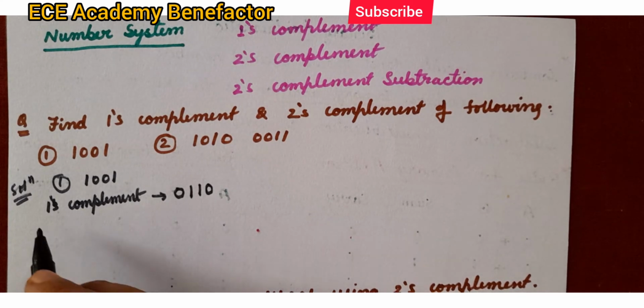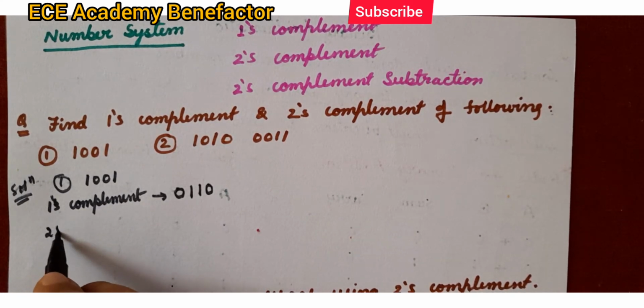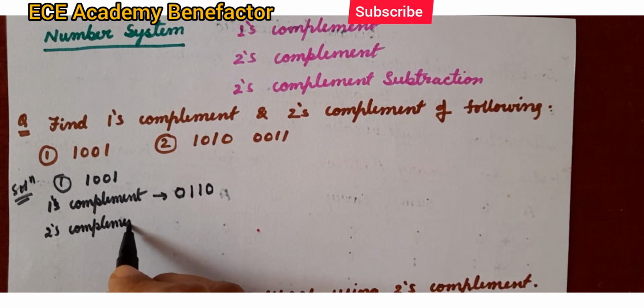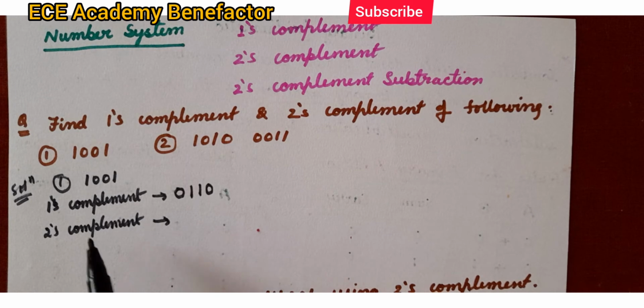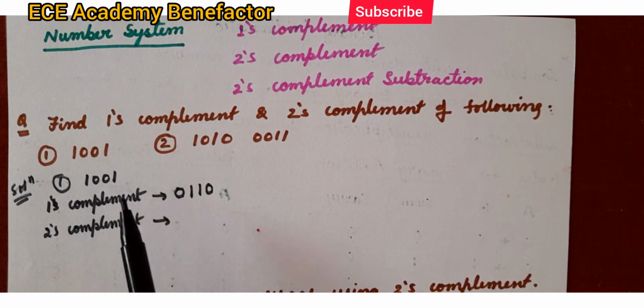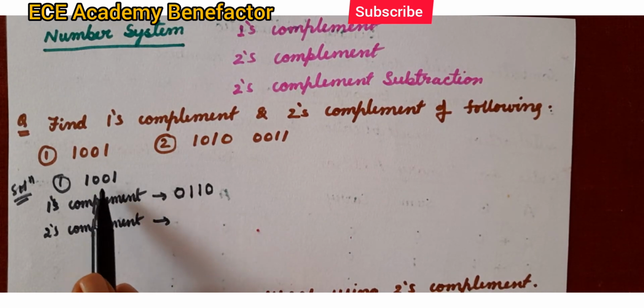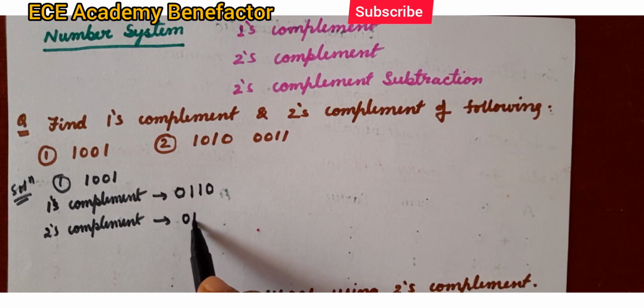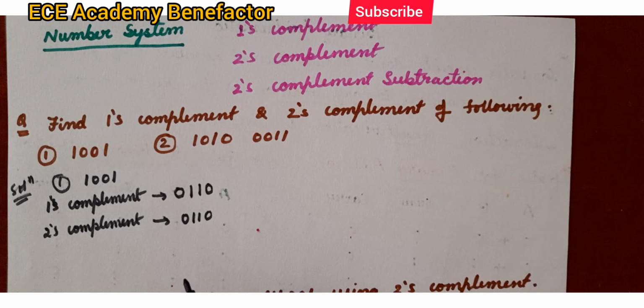Okay. And what is the twos complement for it? To find twos complement, first we have to find the ones complement of this number. What is the ones complement of this number? We already got it, 0, 1, 1, 0. This is a ones complement.